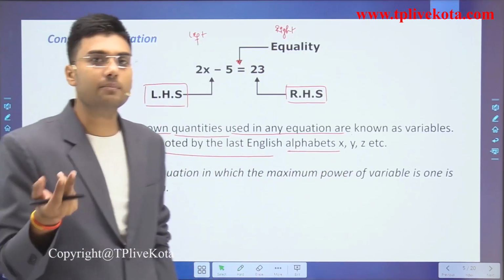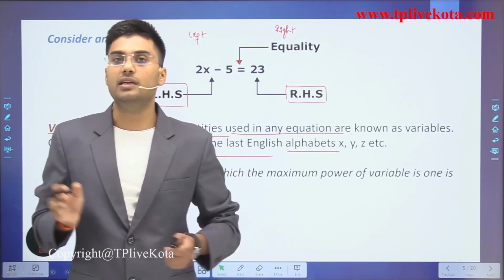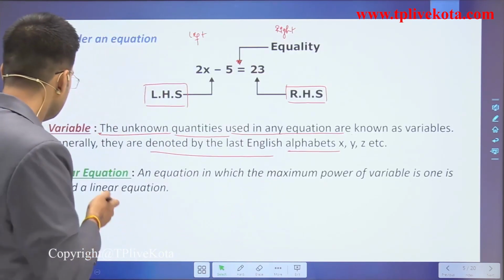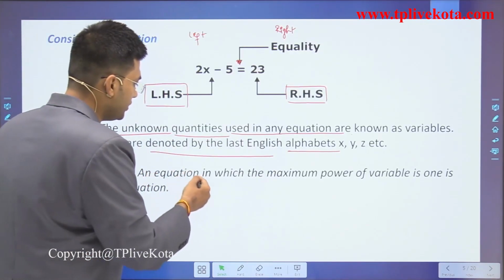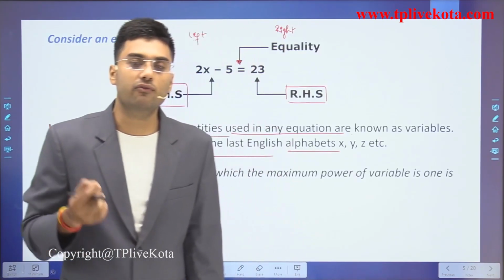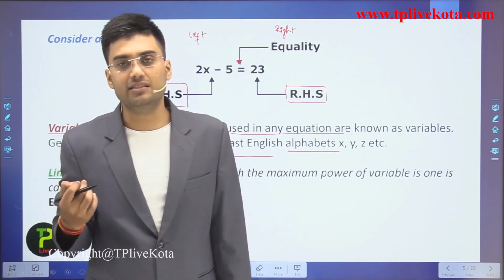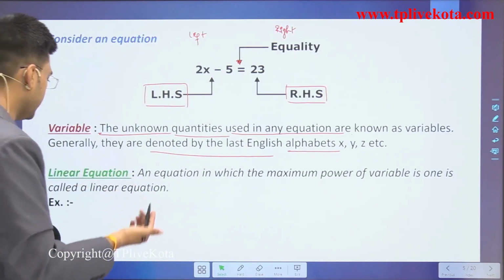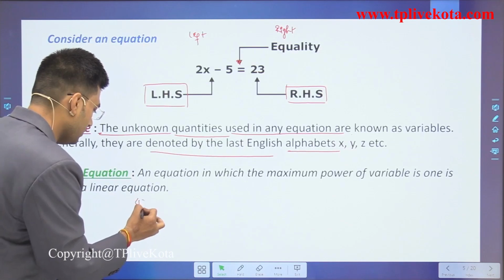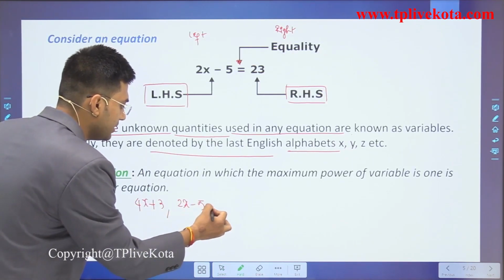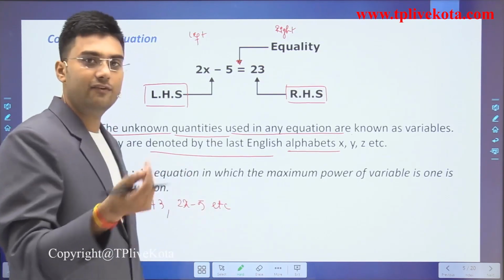We can represent them by a, b, c also, but generally we represent them by x, y, z. Now, linear equation. An equation in which the maximum power of the variable is 1, or we can say the degree is 1, is known as a linear equation. For example, 4x plus 3, 2x minus 5 are examples of linear equations.